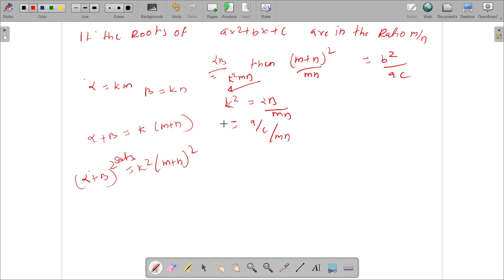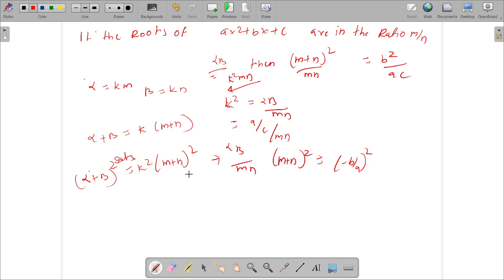You can substitute in the second equation and rewrite the equation. So now I can write alpha beta by mn into m plus n whole square equals minus b by a whole square.